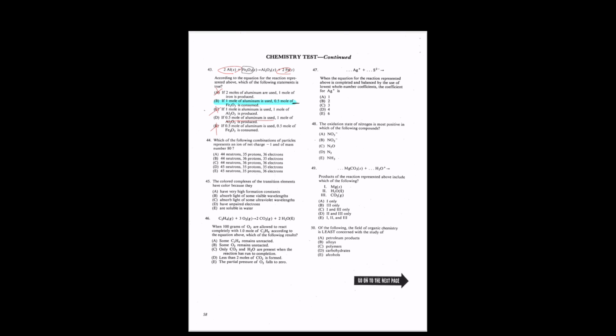44. Which of the following combinations of particles represents an ion of net charge -1 and of mass number 80? Now, in our first video, non-SAT video, we learned that mass number 80 means the number of protons plus the number of neutrons, right?